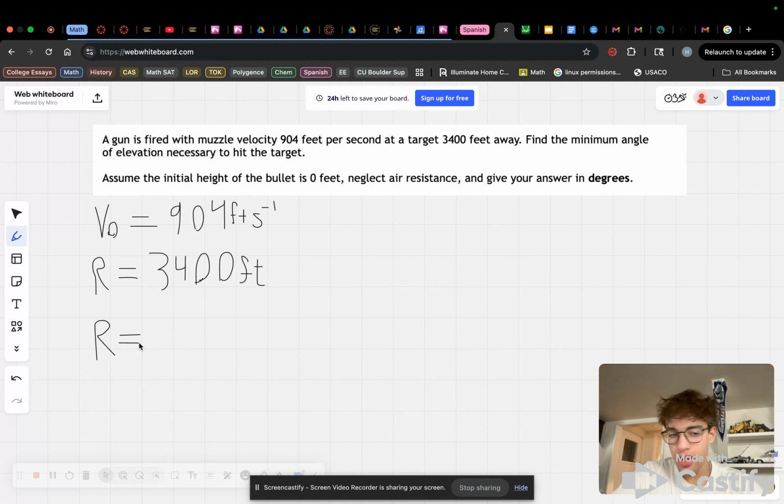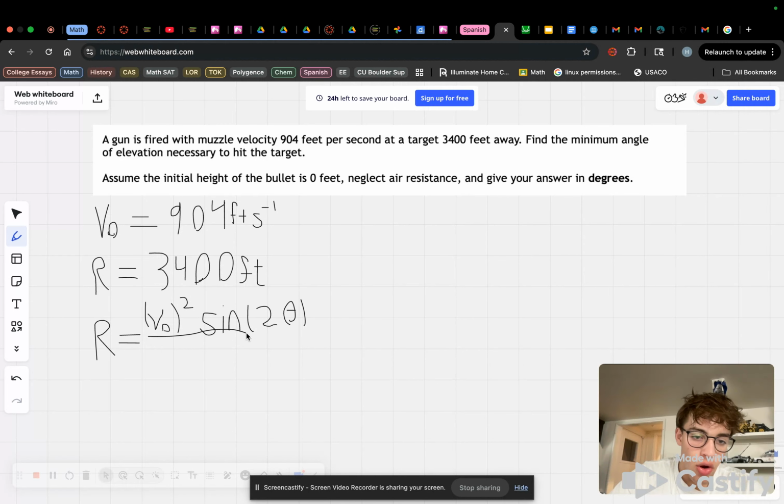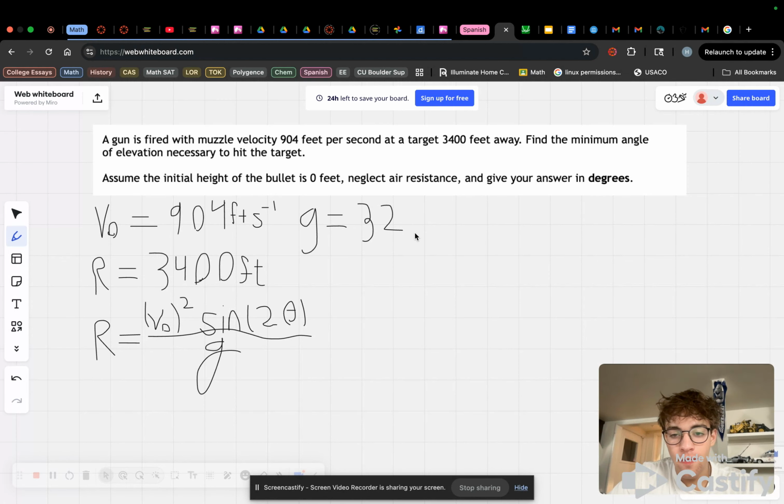But we can just use the equation, which is r equals initial velocity squared times sine of 2 times the angle of elevation, over gravity. And another given would be that gravity is equal to 32 feet per second squared.